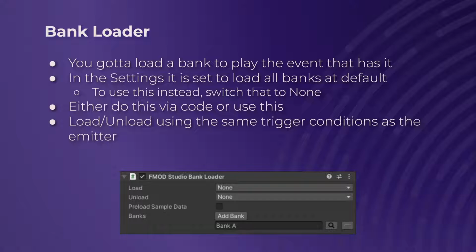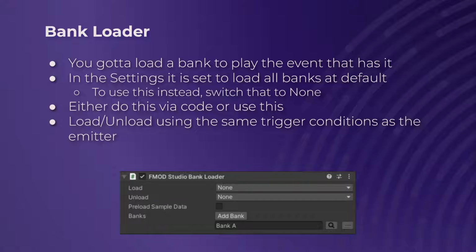You've got to load a bank for the event to play. So in the settings, it's set to load all by default. So you don't really need this 90% of the time. But if you have a ridiculous amount of sounds and you want to use banks, to be very careful with what you load into memory, and just not keep everything in, even if they're tiny, which banks usually are, you might want to use these instead.